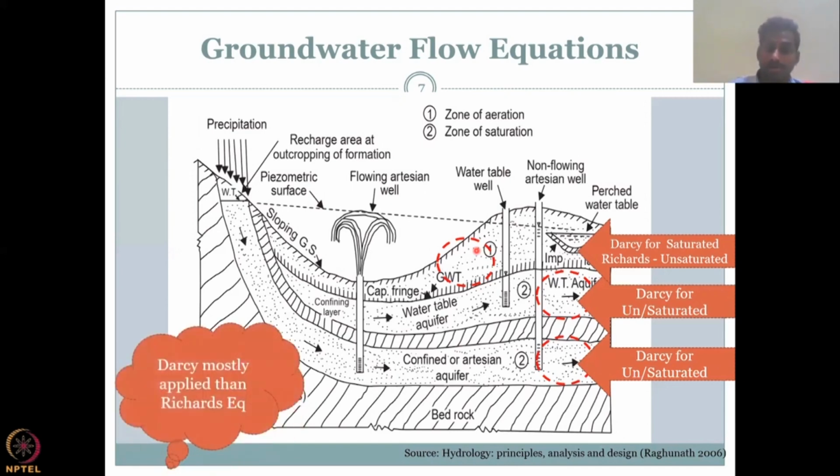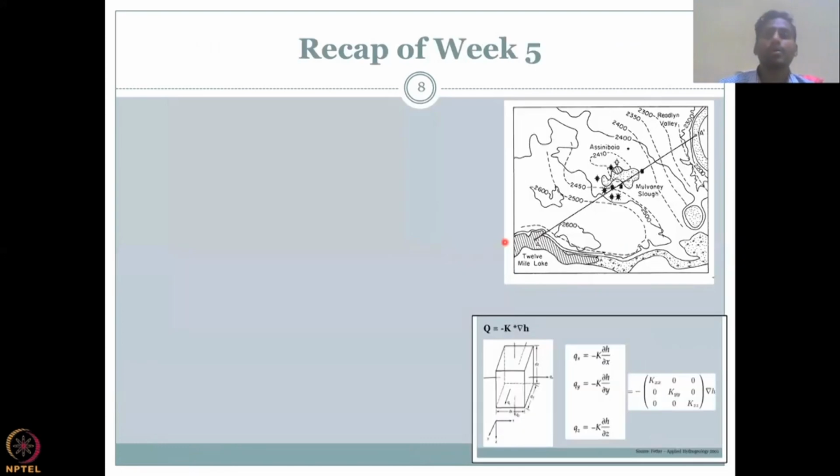Darcy is mostly applied than Richard's equation. There is no issues with that. You just have to be careful in telling that, yes, I use Darcy. Yes, I have these assumptions. But still I would get these results from which I couldn't understand what is going on.